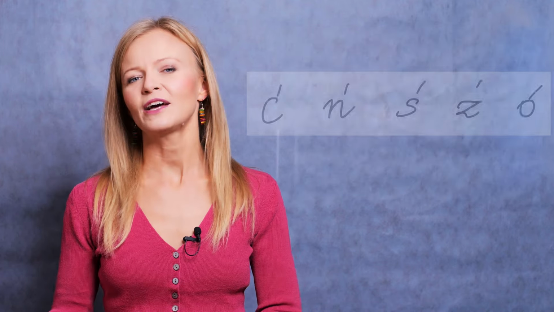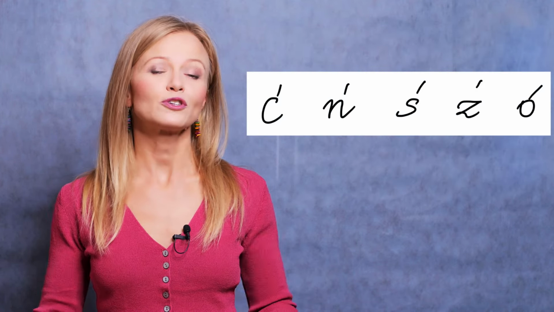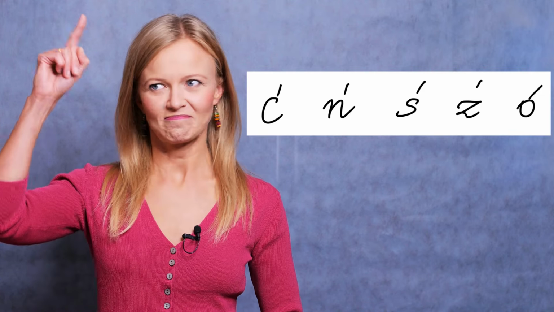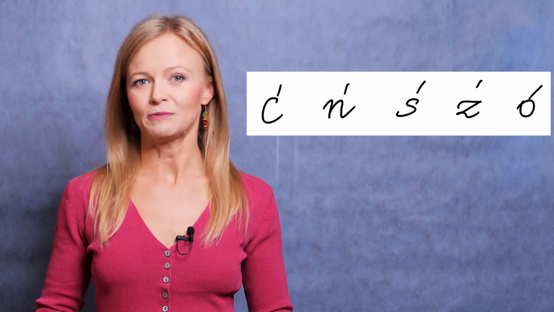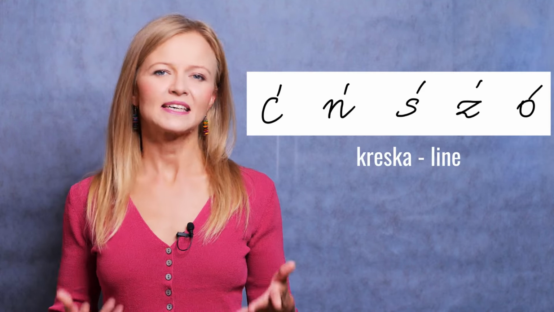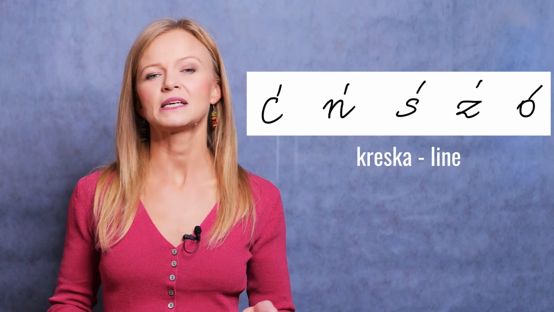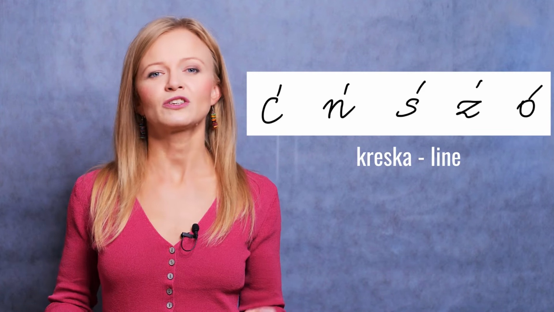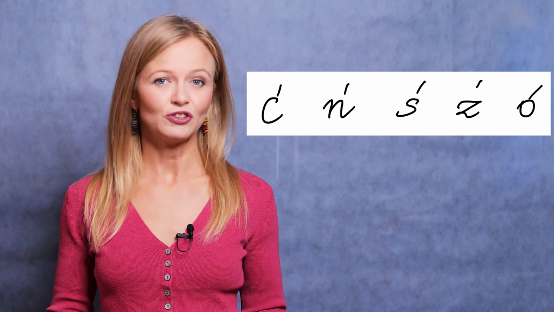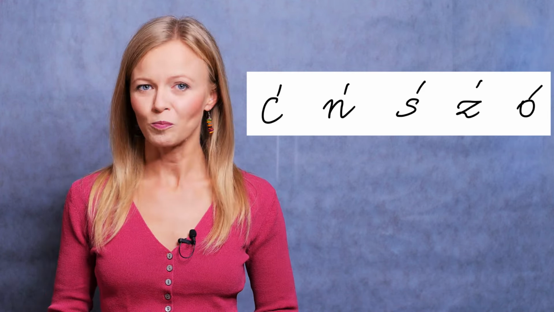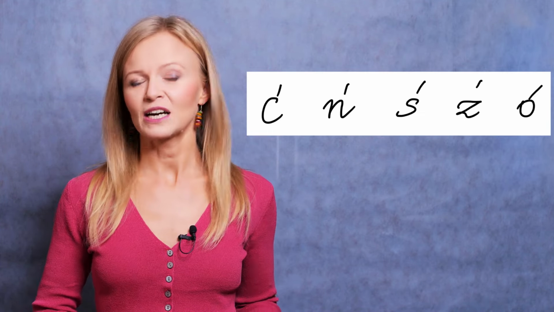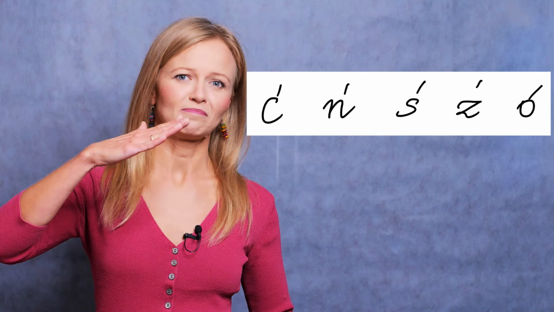Then we have letters with so-called acute accent. This line above the letter, and in Polish it is called kreska. Kreska basically means a line, and these letters are ć, ń, ś, ź, and ó. It doesn't matter if you write the kreska, the acute accent, this way or that way.